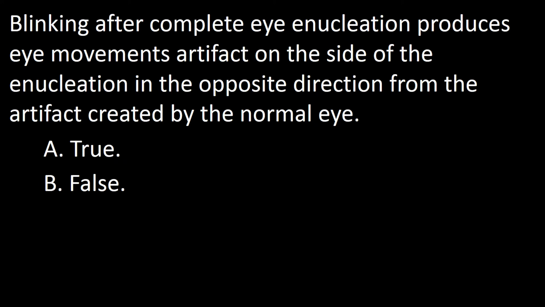Blinking after complete eye enucleation produces eye movement artifacts on the side of the enucleation in the opposite direction from the artifact created by the normal eye. A true, B false.